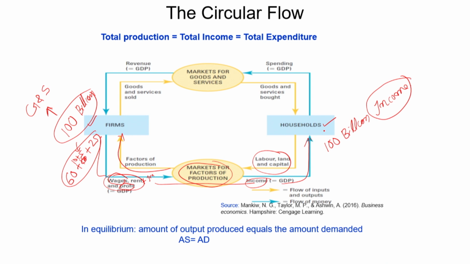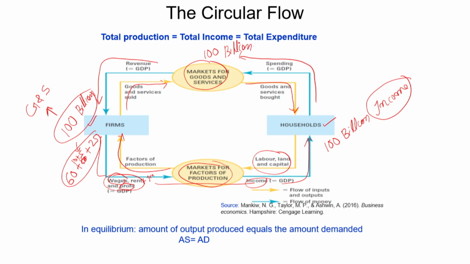Then, because firms have already produced goods and services, using this income the households spend this money and buy goods and services. It becomes revenue for the firms, and in return they give goods and services, and the goods and services are bought. So all this 100 billion is coming back here as 100 billion of expenditure.